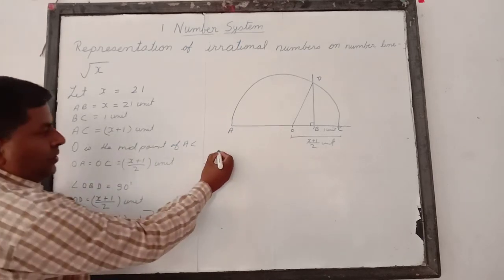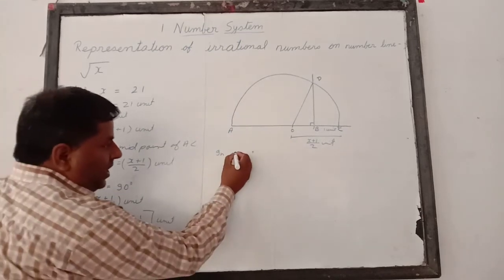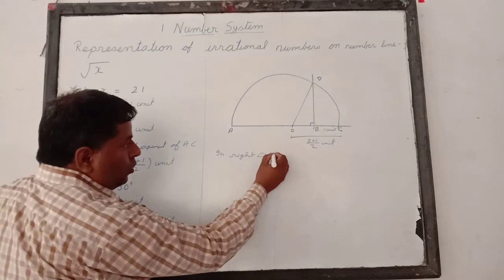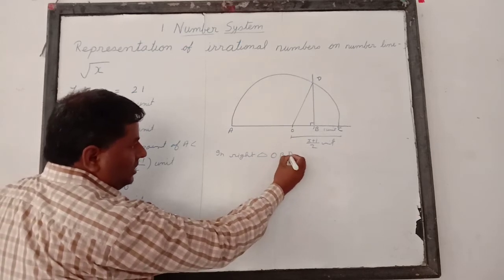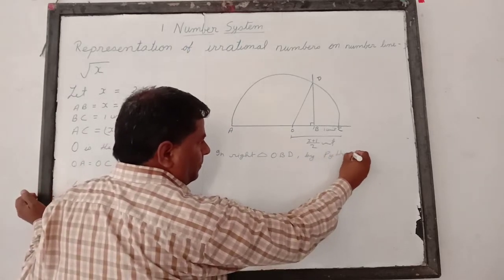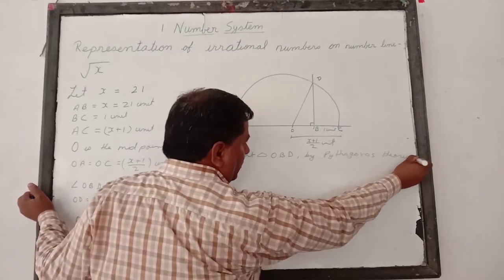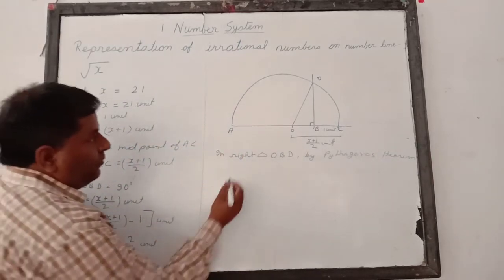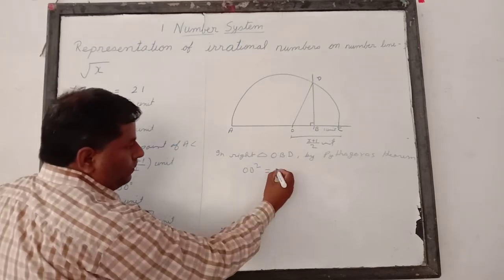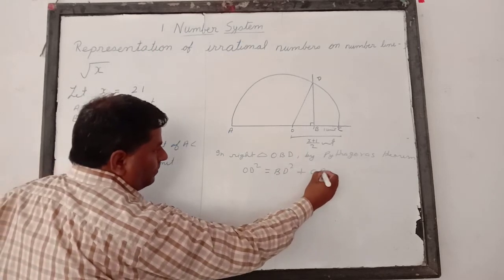Now we all know that OBD is a right angle triangle, so we can write in right triangle OBD, by Pythagoras theorem, OD square is equal to BD square plus OB square.